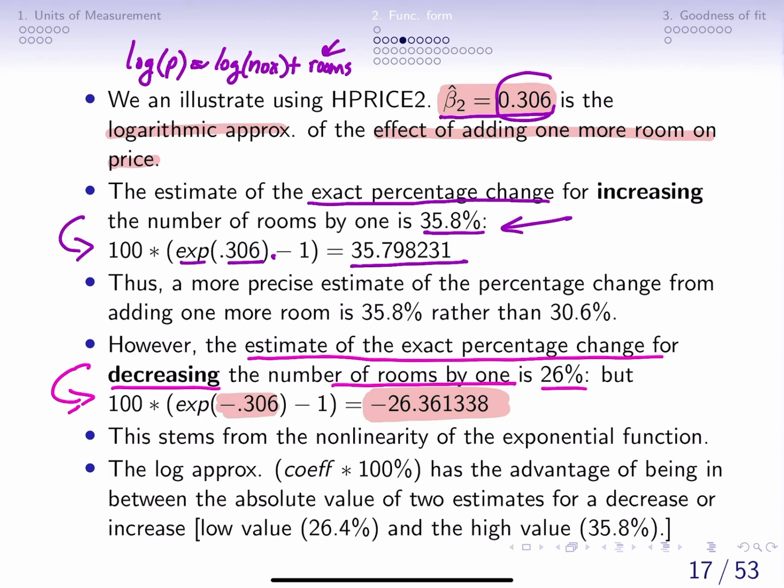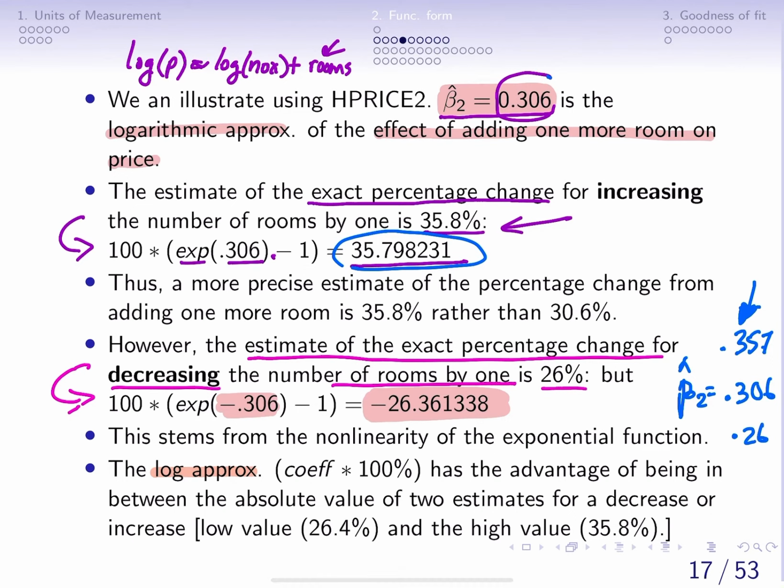So remember that when we use the log approximation, this number right here that we said was beta 2 hat, 0.306, is going to lie between, on the upper limit, 0.357, which was this number right here, and the lower limit of 0.26.